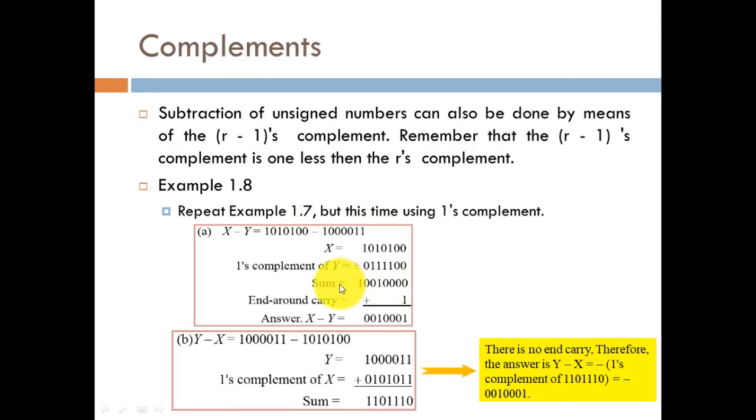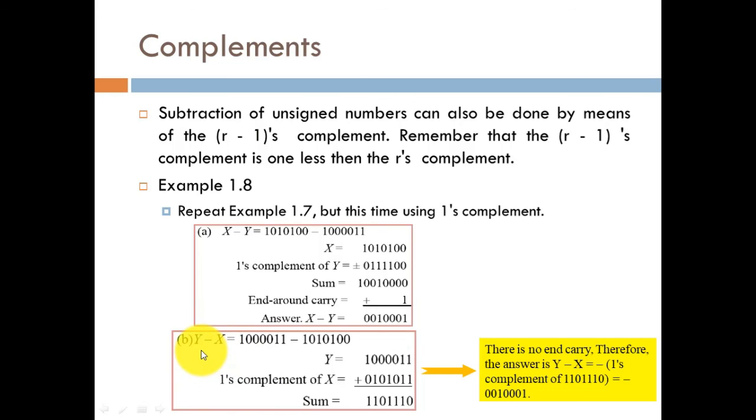So we basically have to take this 1 from here, which is the end around carry, and add it in here. So this is representing the answer of x minus y. This is the process of the r minus 1's complement by which we are performing the subtraction operation.